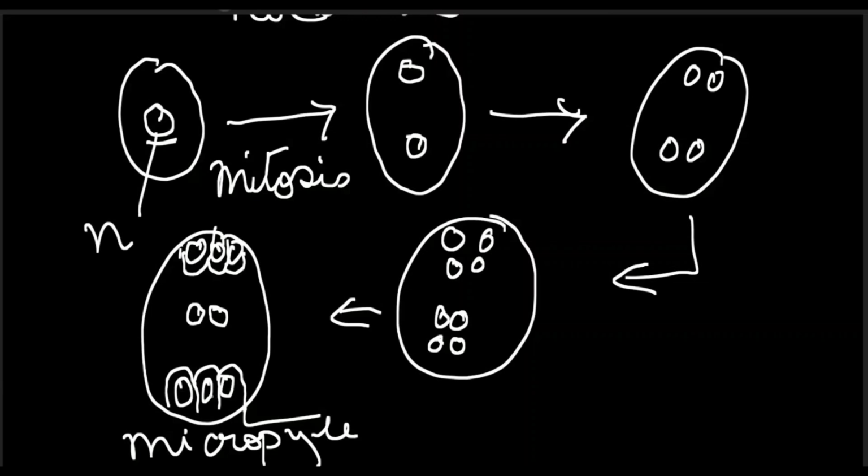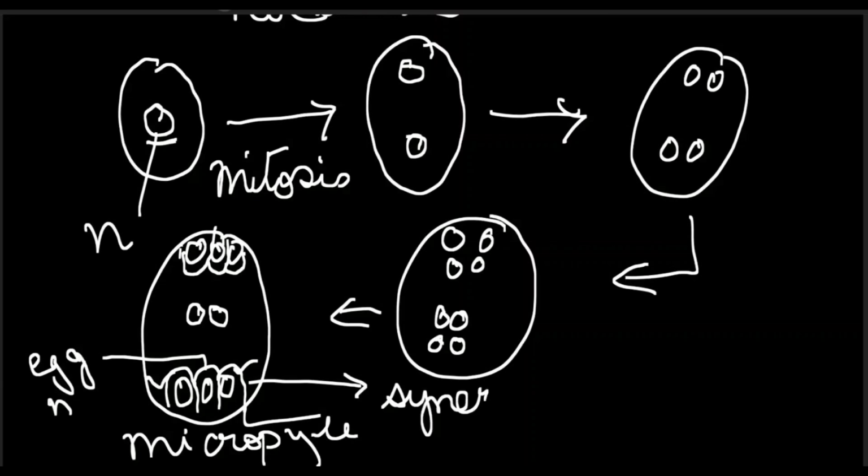out of these 3 cells which are at the micropylar end, one will function as the egg cell, that is a haploid egg cell, and the rest of the 2, I mean this and this, these 2 cells we will be calling synergids.